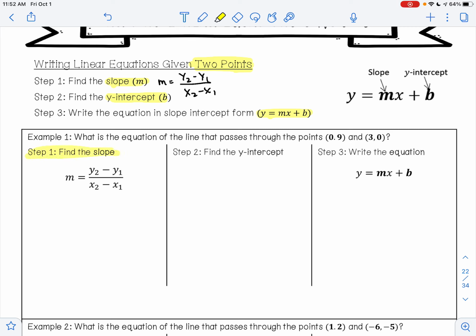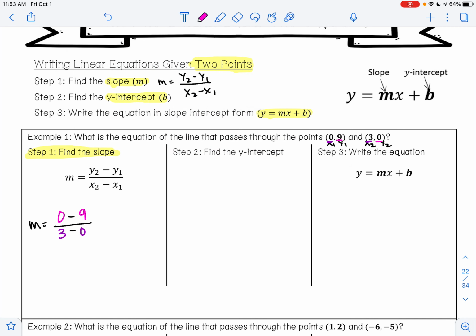Find the slope. You'll remember that I like to label my points. So x1, y1, x2, y2. So I'll have my slope equals y2 is 0 minus y1 is 9 over x2 is 3 minus x1 is 0.